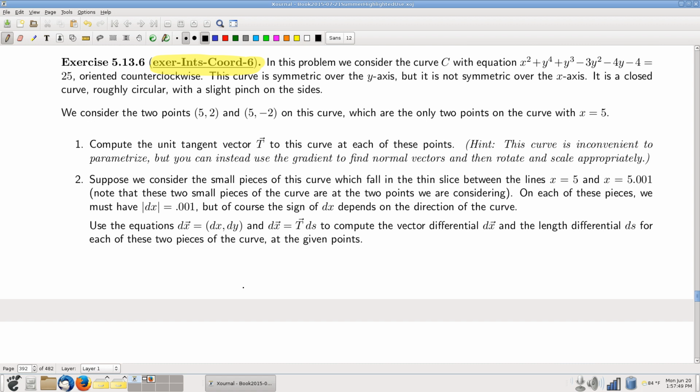Okay. So, to your question, how do we compute the unit tangent vector? Well, I'm going to take the given hint here, which says use the gradient vector to find normal vectors, and then we're going to rotate and scale. All right. So, notice what we have here is a function for which we are looking at a level set.